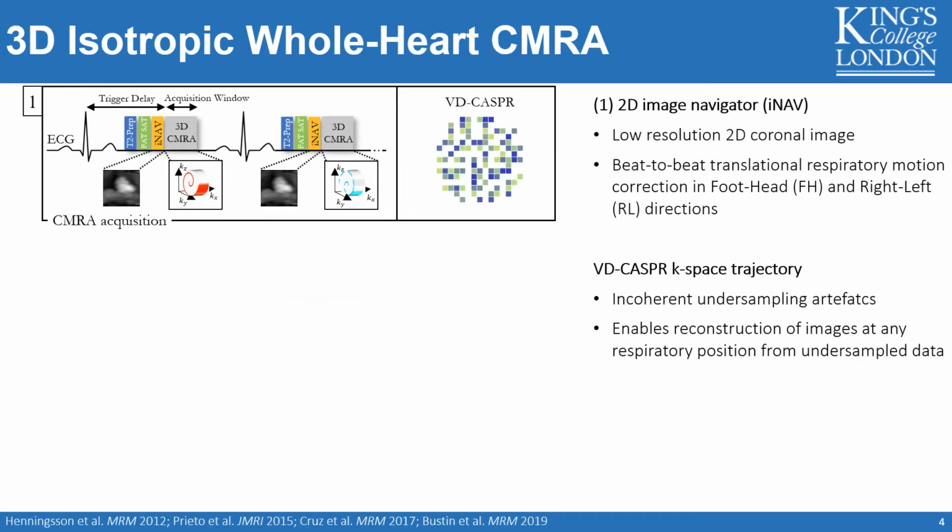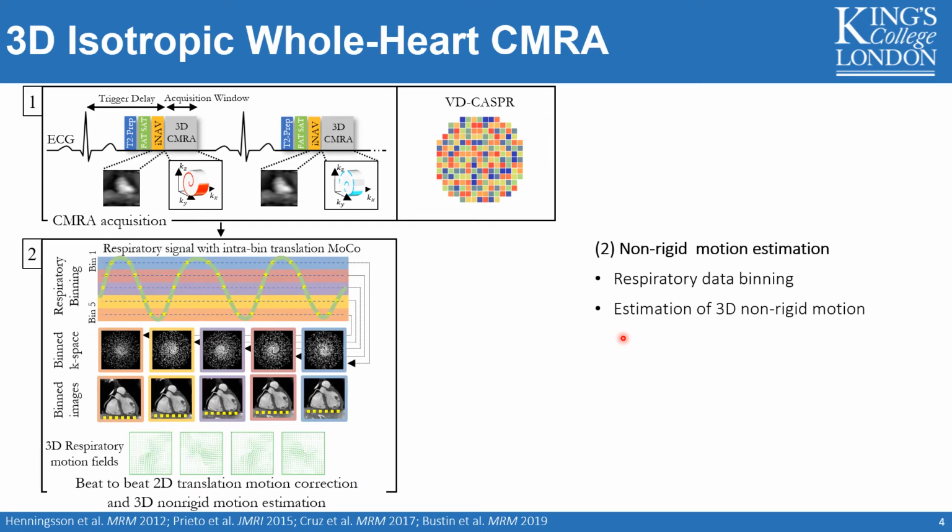We acquire CMRA data with our previously proposed 3D isotropic whole heart CMRA acquisition, which is an ECG triggered bSSFP acquisition with T2 prep and fat saturation pulses, and a 2D image navigator to allow for beat-to-beat translational respiratory motion correction. We use 3D Cartesian variable density CASPR sampling to provide an incoherent undersampling, which allows in the reconstruction a retrospective binning of the respiratory motion with an efficient reconstruction.